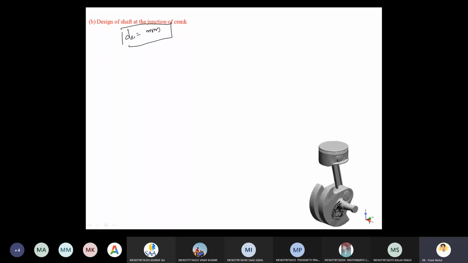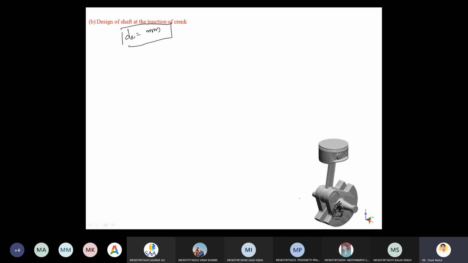Okay, and to calculate this, first we have to see that the shaft here is subjected to two kinds of stresses. One is bending, one is torsion. Two different types of stresses are acting on the crankshaft here: the bending moment and the torsion moment.